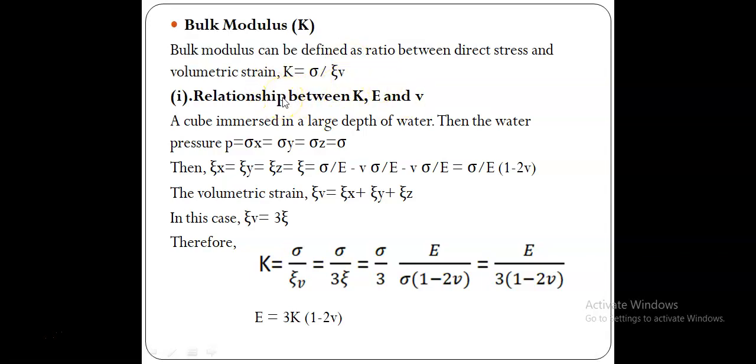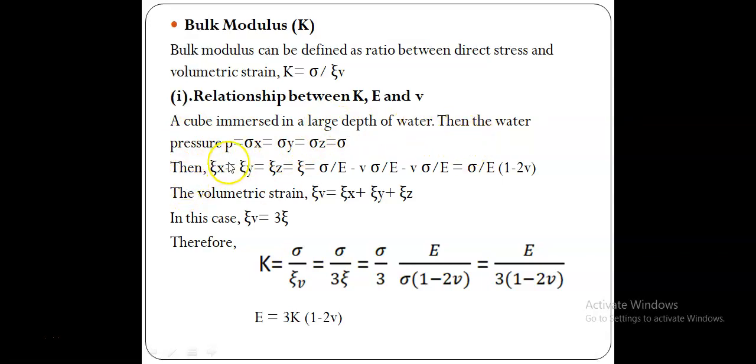Then next let us see the relationship between elastic constants, that is K, E and nu, that is bulk modulus, Young's modulus and Poisson's ratio. For this we take a cube immersed at a large depth of water.